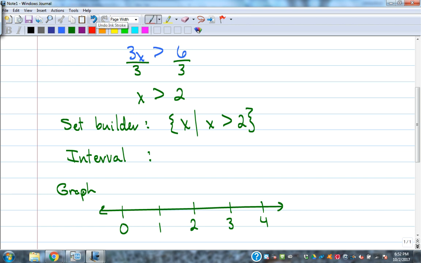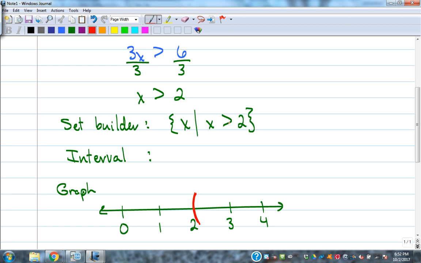If it's just greater than 2, does it get a parenthesis or a bracket? And why? Does anybody remember that? Parenthesis. Bracket means you're including the number. If it had an equal to mark, we'd use a square bracket.